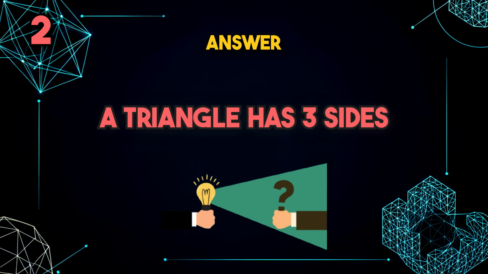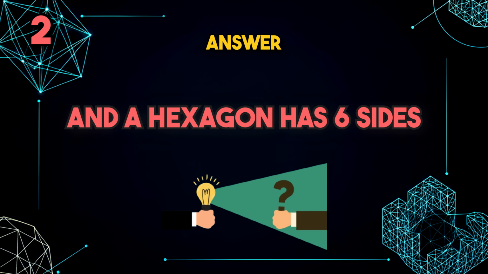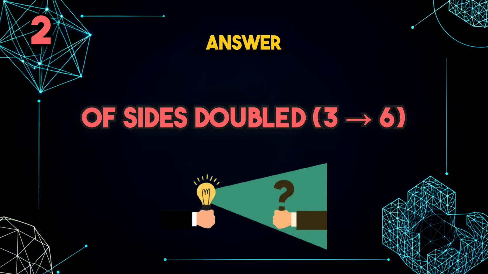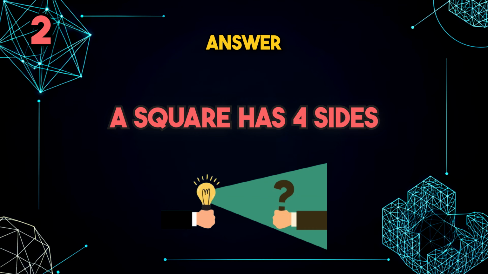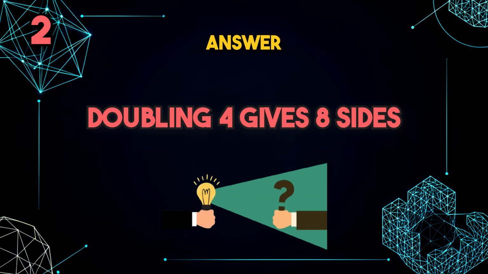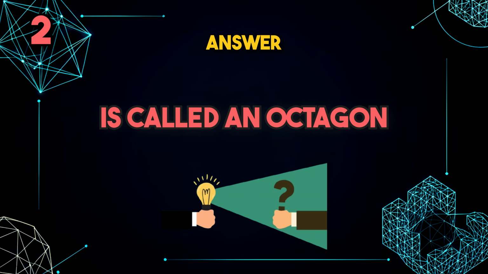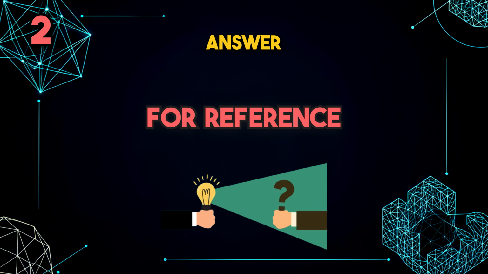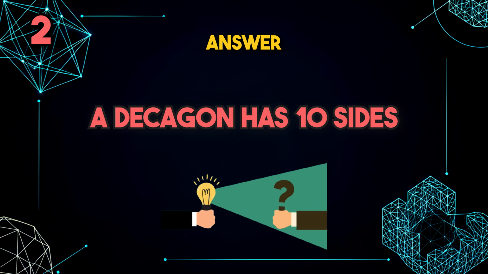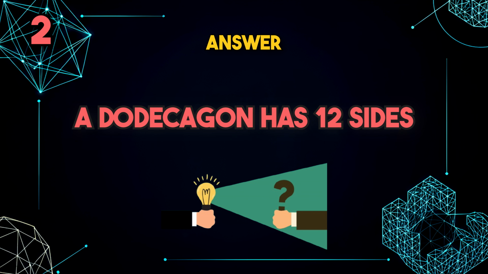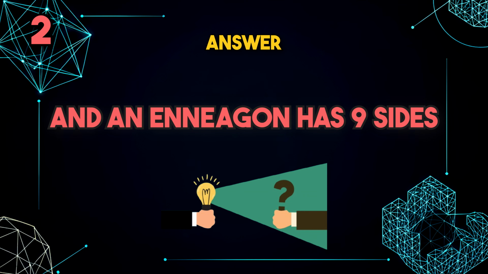A triangle has 3 sides, and a hexagon has 6 sides. This shows the number of sides doubled, going from 3 to 6. A square has 4 sides. Doubling 4 gives 8 sides, and the 8-sided polygon is called an octagon. For reference, a decagon has 10 sides, a dodecagon has 12 sides, and an enneagon has 9 sides.